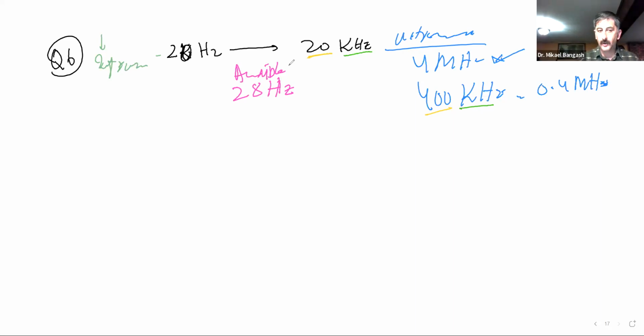And then they go 2 hertz. 2 hertz is less than 20 hertz, so that's also going to be inaudible. So A, B, and D were the ones which were inaudible. C, which was 28 hertz, falls between 20 hertz and 20,000 hertz.